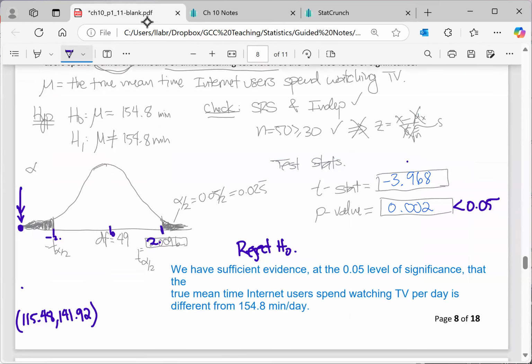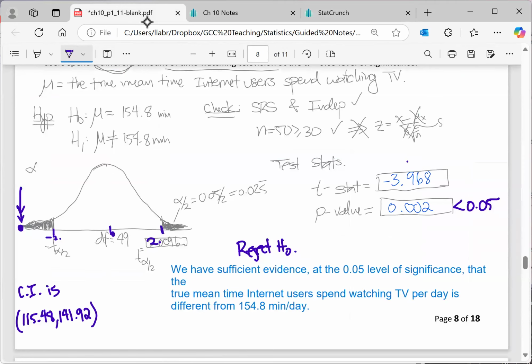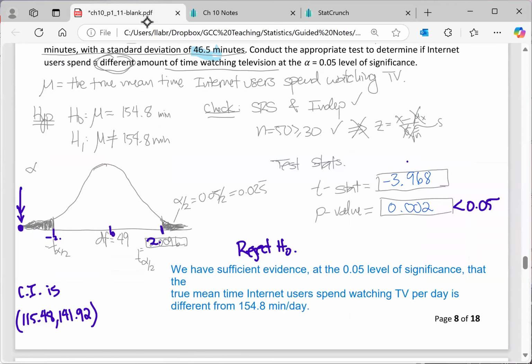So this is our confidence interval. And remember, this means that we are 95% confident that the true mean time that internet users are watching TV per day is between 115 and 141 minutes per day.